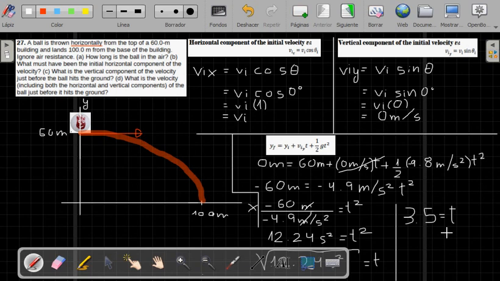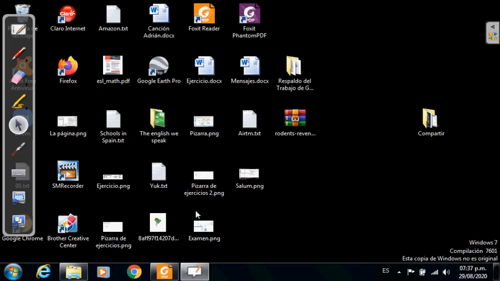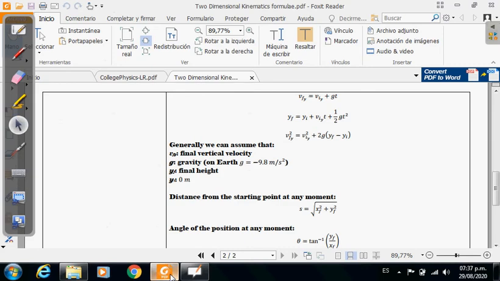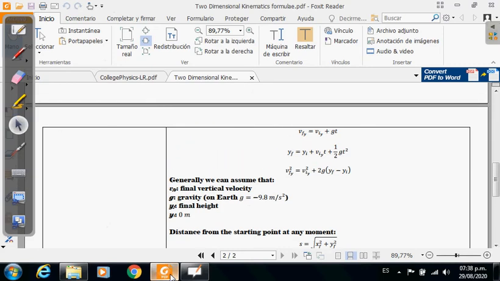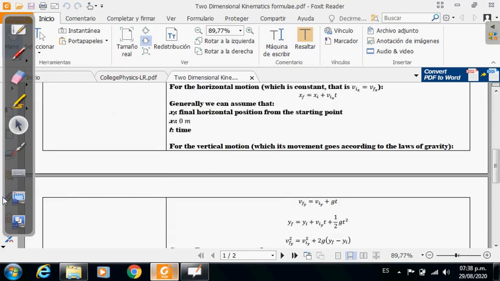So with that, let's try to calculate the initial horizontal velocity. Let's go back to our formula chart and let's start as always with the first formula. We have the final position, which is 100 meters. The final horizontal position, sorry, I made a mistake here. I do have it.